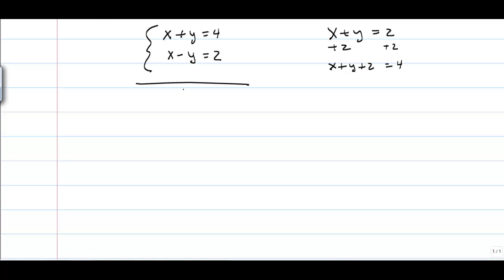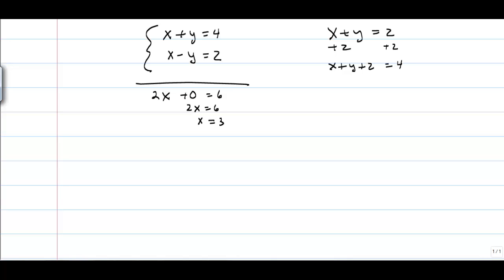So that's what I'm going to do. x plus x is 2x, y minus y is just 0, and 4 plus 2 is equal to 6. So I get 2x equals 6, or if I divide both sides by 2, I get x is equal to 3.